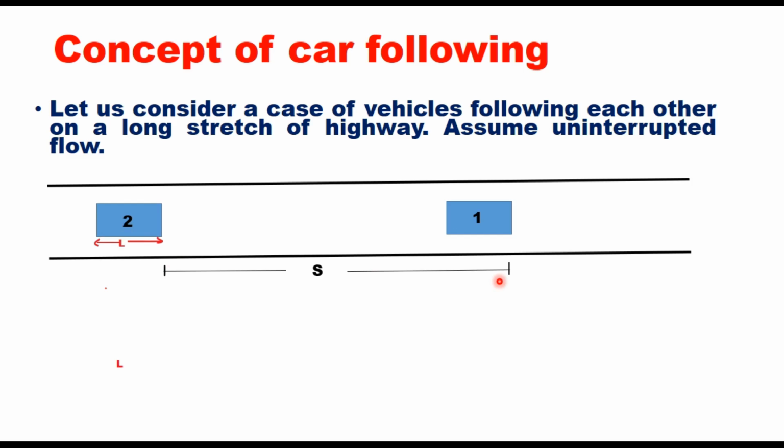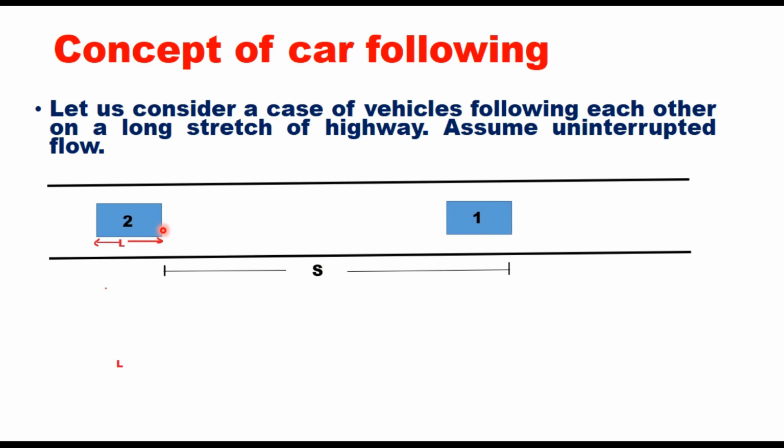Now this s should be such that if the leader applies a sudden deceleration, the following vehicle has sufficient time and distance to perceive this action of the leader, react to it, and be able to decelerate without colliding with the leader. And let us assume that at this point of time, the leader decides to decelerate and stop.